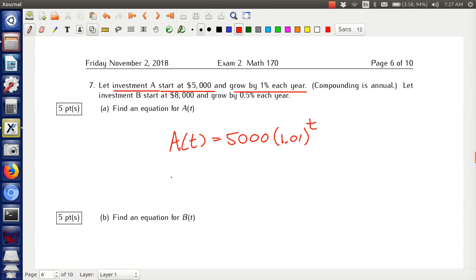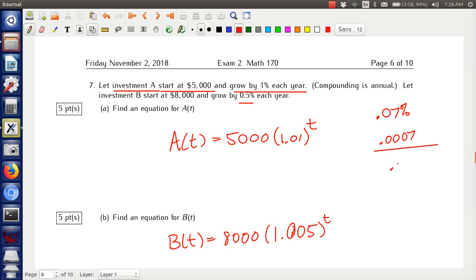And B is going to be the same structurally. You're going to just have the 8,000. Just be careful, because your decimal in your percent means it's not going to be 0.05 but 0.005. This is a point where students mess that up. If you have a decimal that's like 0.07%, that would be 0.0007.